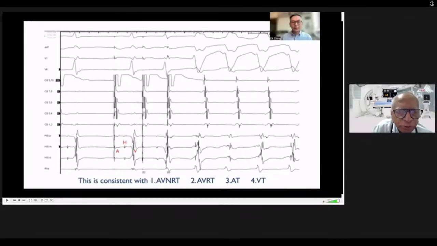Whereas in a patient with fascicular VT, you will be able to dissociate the A and the V, and the HV tends to become shortened to a variable degree depending on the exit. But this kind of mechanism where the AH prolongs and then it starts with a left bundle tachycardia is very typical for an atriofascicular pathway. Even if you are not able to appreciate, as Dr.